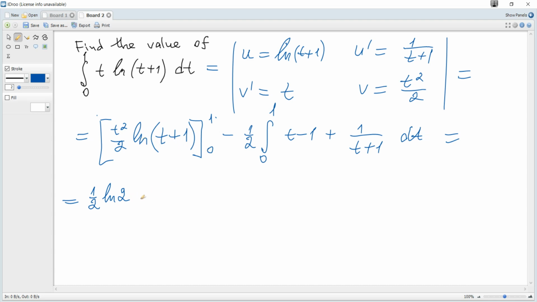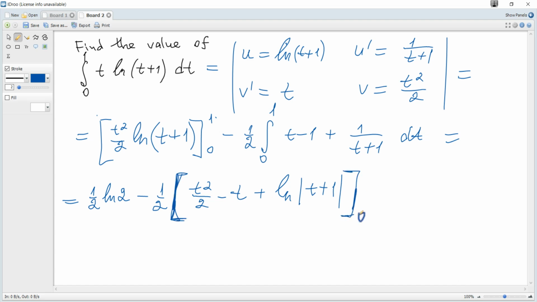So minus 0, minus a half, and the integral of t is t squared over 2, minus t, plus ln of absolute value t plus 1 in general, with limits from 0 to 1.